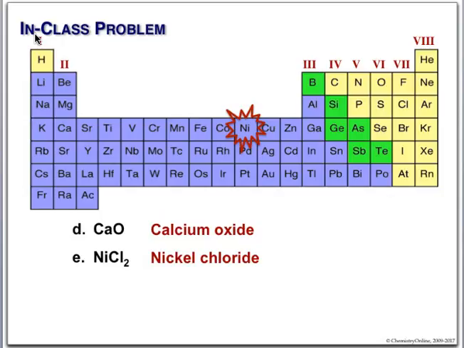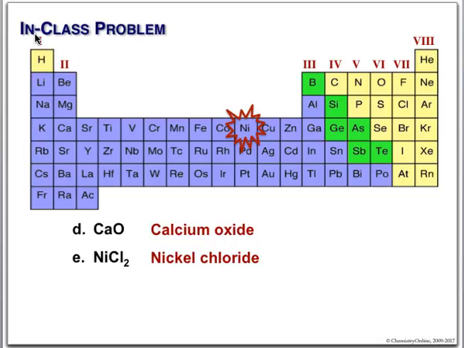And they can be a little bit peculiar. In terms of charge on the ions, quite often a transition metal can have several different charges. So the nickel here could be a +1, or it could be a +2.